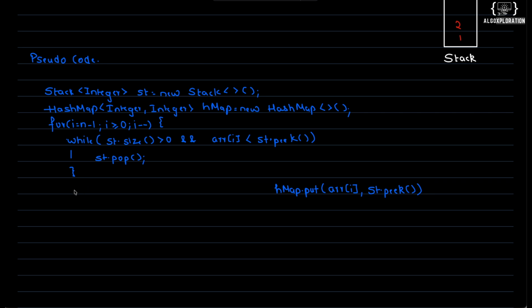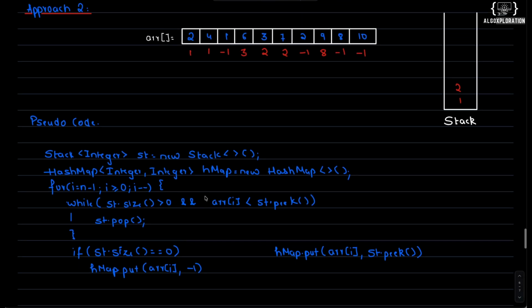First, I need to check if stack.size is 0, then I need to store -1. So hash map dot put array of i comma -1. Over here we can see that when the stack was empty, the answer was -1. Hence I am doing this.